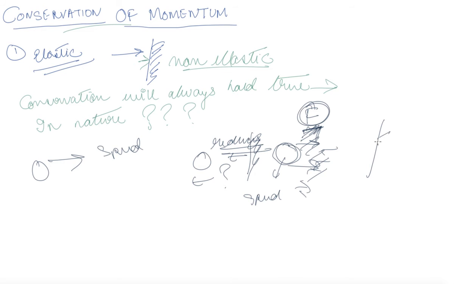And the wall is not perfectly elastic, so it does not impart the same energy while returning the ball. So there is a loss of speed due to air resistance and a loss of speed due to inelasticity.